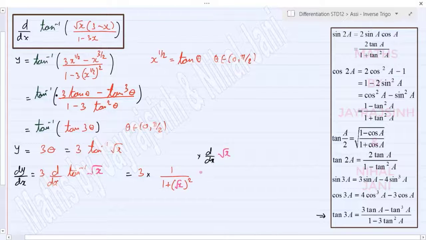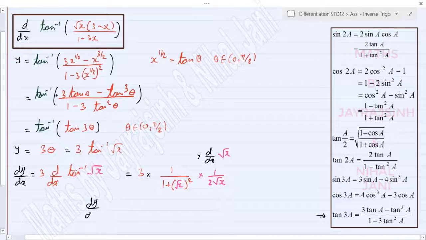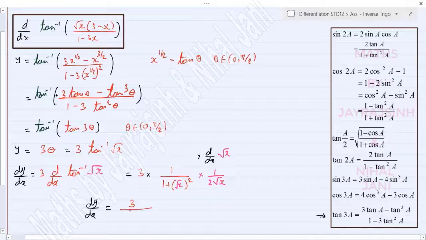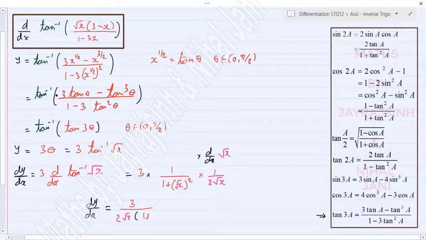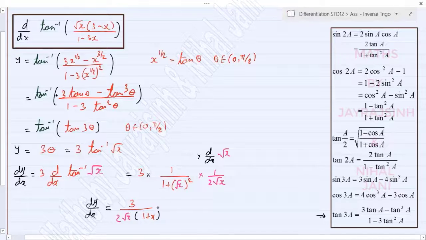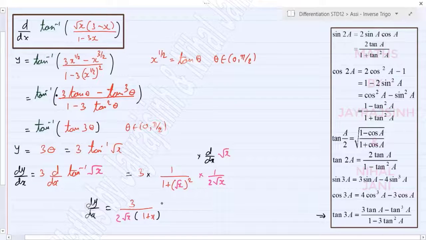Within the box we have root x, so we multiply by the differentiation of root x, which is 1 upon 2 root x. So finally we get dy by dx is equal to 3 upon 2 root x into (1 plus x). Ta-da! This is your final answer.